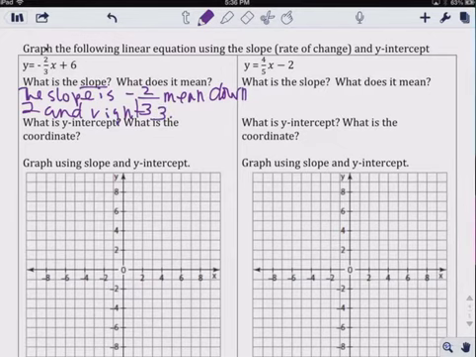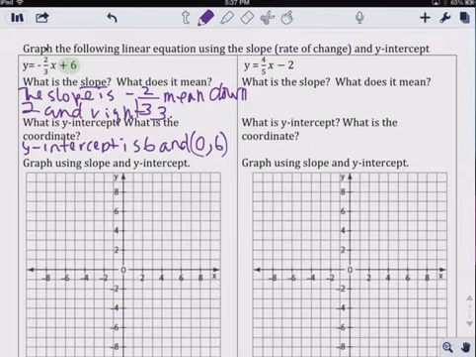What is the y-intercept? The y-intercept is 6. And the coordinate is 0, 6.